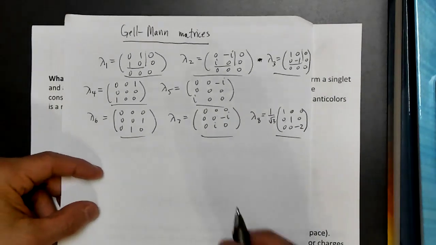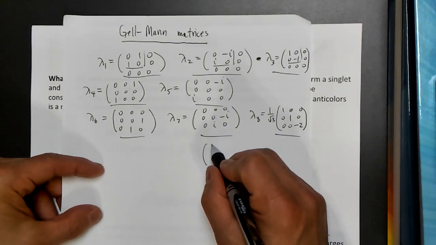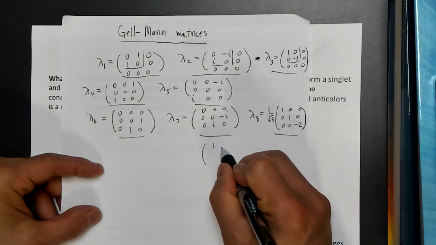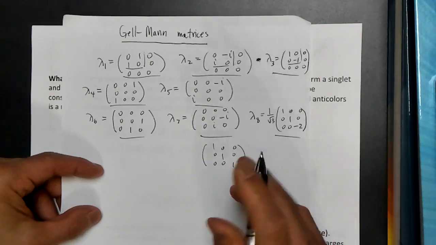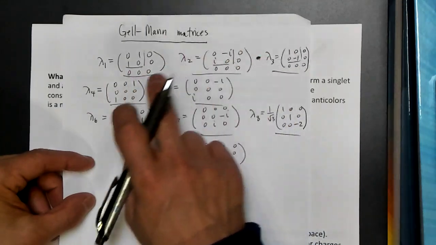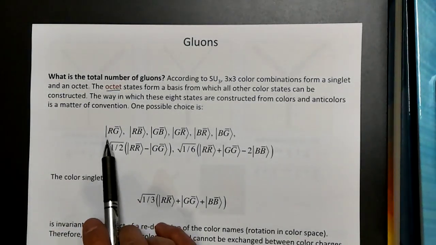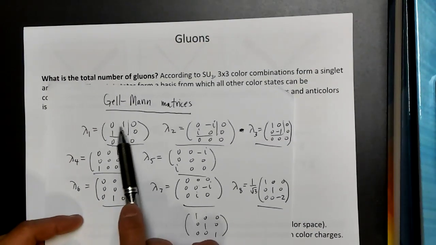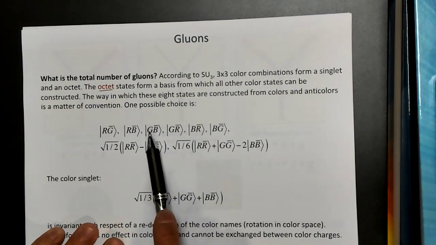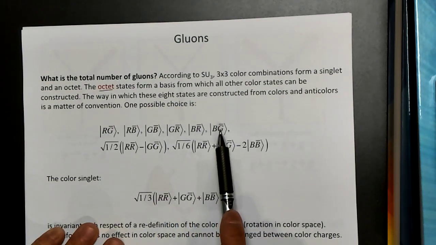The singlet refers to the fact that there's another traceless Hermitian matrix that would be proportional to the identity matrix, but that would not have any color to it. The gluons do have color, so those are these 8 elements, and they can be written in this form, reminding you of the red-green mixture: red with anti-green, red with anti-blue, green with anti-blue, green with anti-red, blue with anti-red, blue with anti-green.